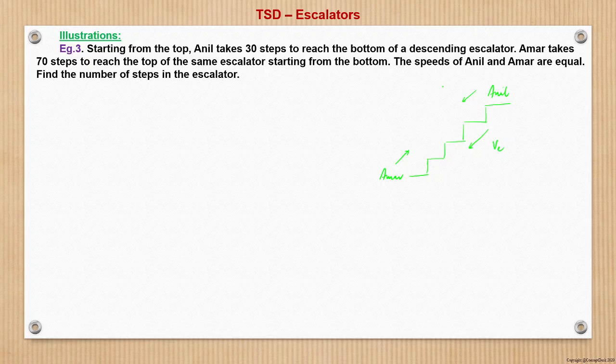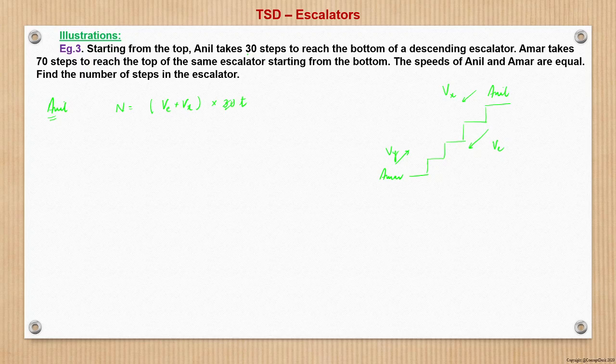Let us assume that the speed of Anil on the escalator is Vx and Amar's is Vy. We'll take the scenario of Anil first. In that case, the total number of steps on the escalator, n, will be the effective speed, Ve plus Vx, into the time taken. Time taken we do not know, so let that be t.